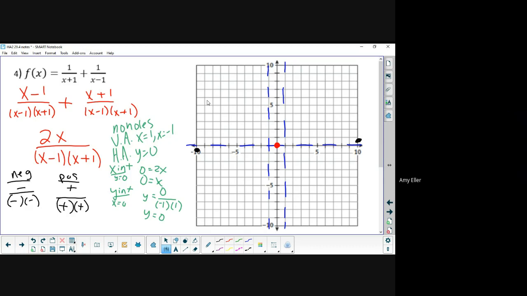Okay. So you don't have any information over here. You just want to plug in like negative 10, so I know what you're doing. So I plug in negative 10 here. That's negative 20 over.